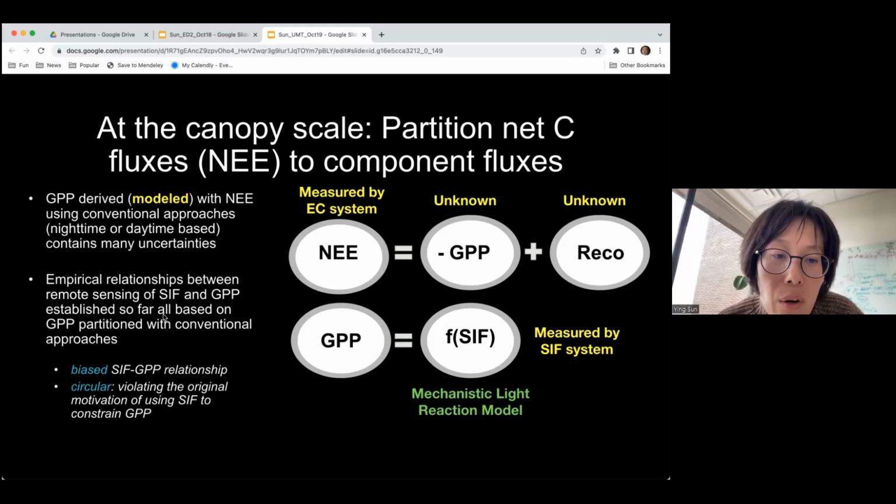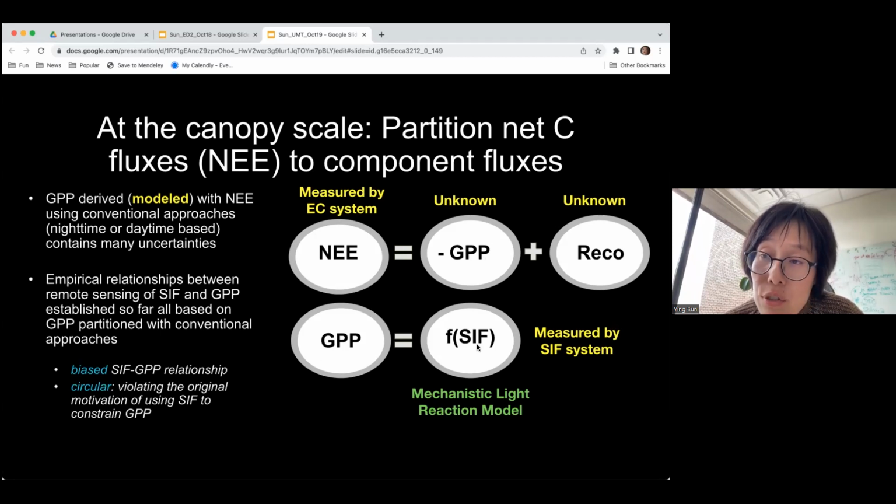But empirically, in the literature, the conventional approach is to use SIF as a linear function of GPP, which as a first step is a great exploration. But the issue is that the SIF-GPP relationship can be biased, because we first have to know GPP, which is already partitioned by this imprecise approach. So this is a biased SIF-GPP relationship.